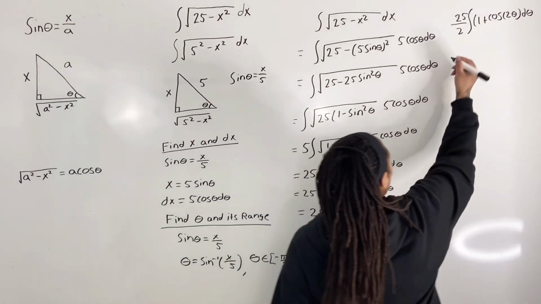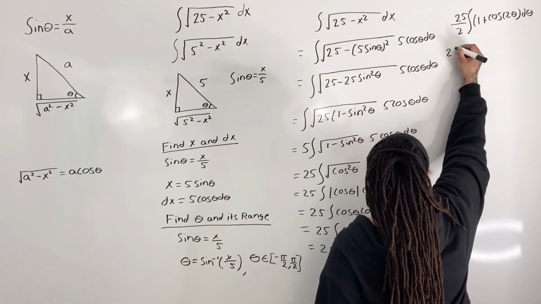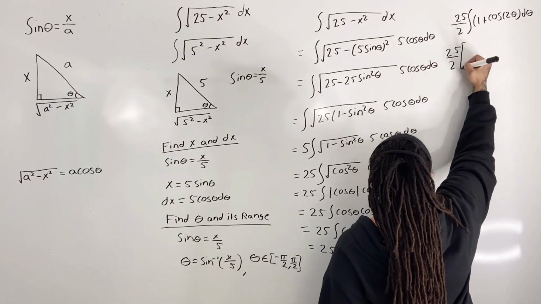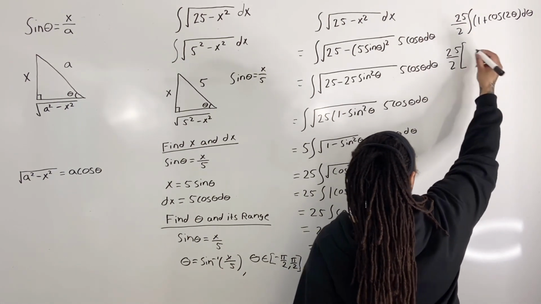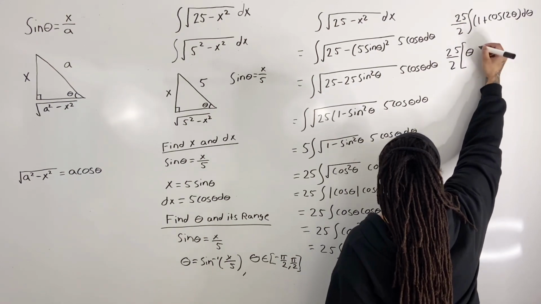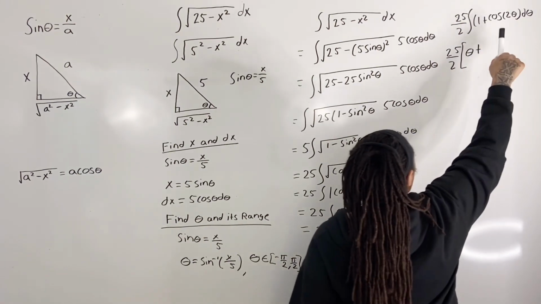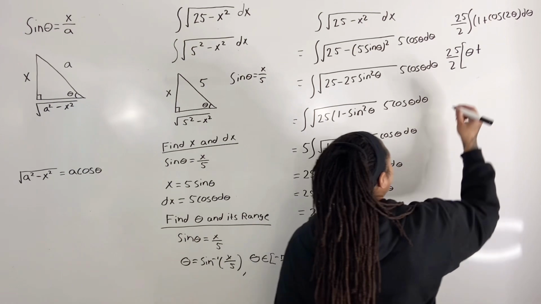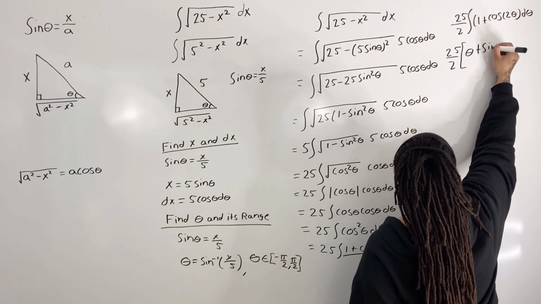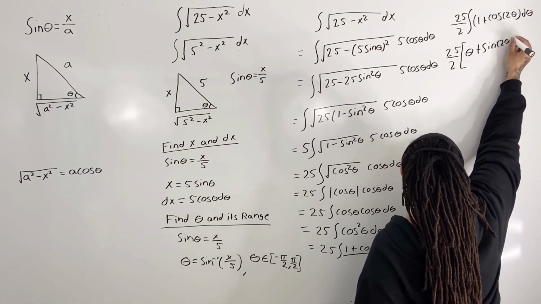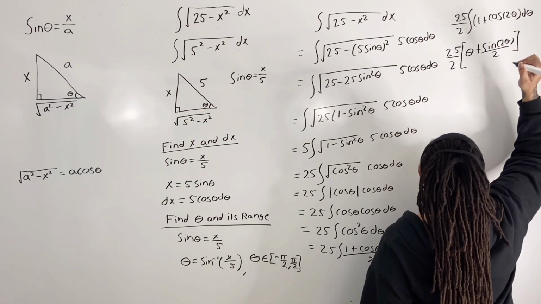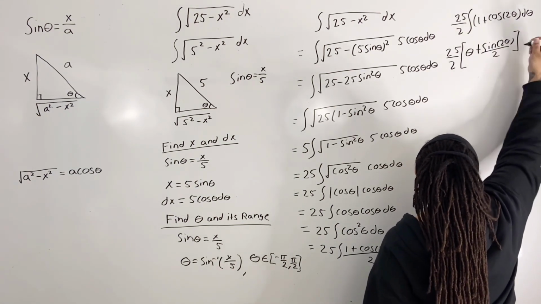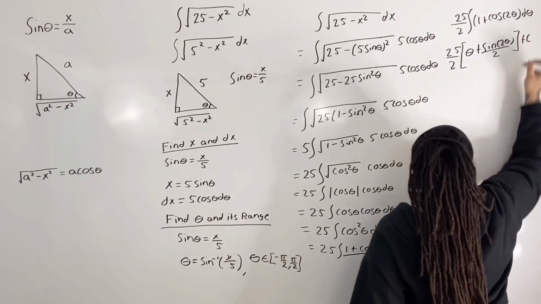So we have 25 over 2 times the antiderivative of 1 with respect to theta, which is just theta. And then plus the antiderivative of cosine of 2 theta, which will be sine of 2 theta divided by 2. And since we don't have upper and lower limits, we need to include plus c.